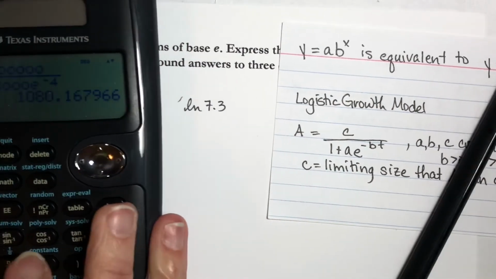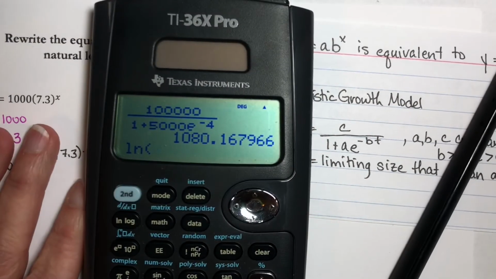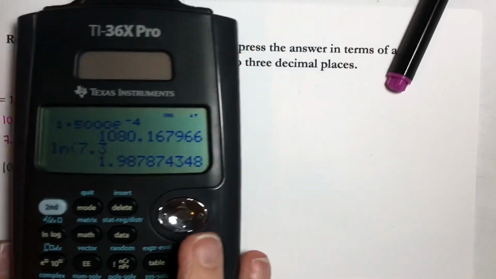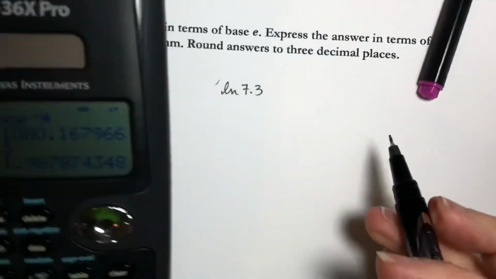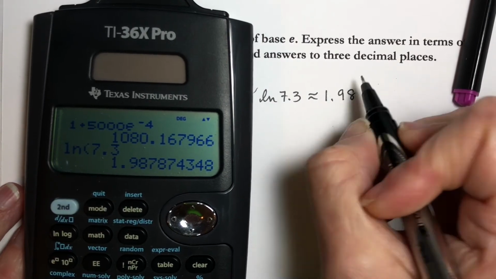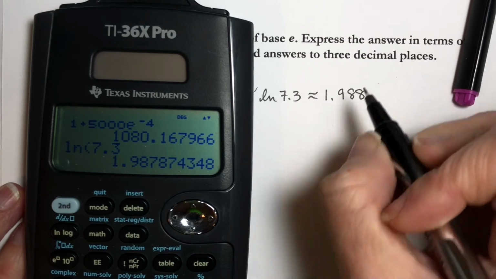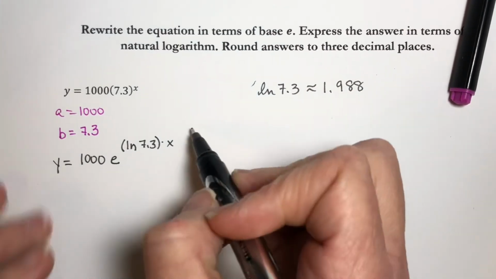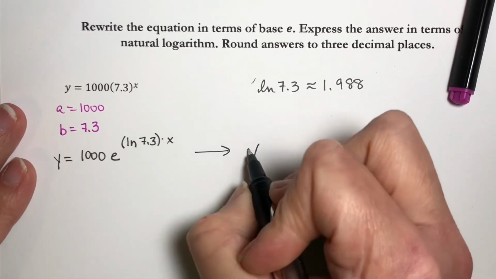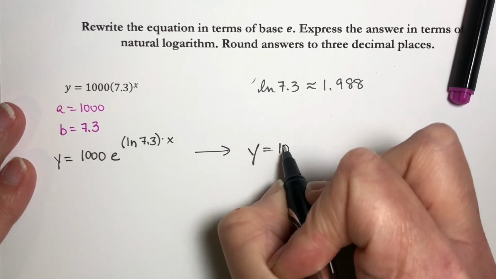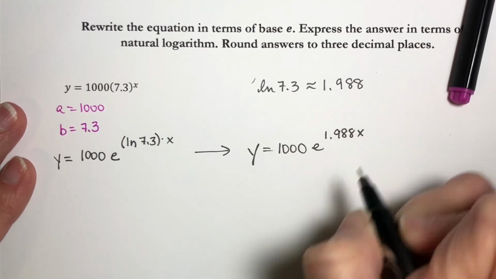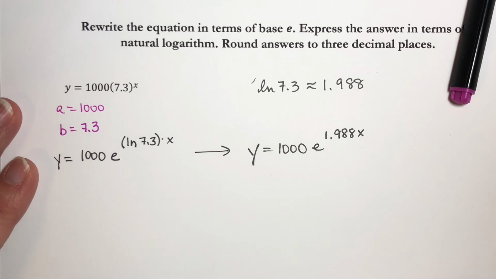So let's find that. Natural log of 7.3 is 1.98, and so on. I'm going to round this to 3 decimal places, so that would be approximately 1.988. Then they're going to ask you to rewrite it using this value instead of this. So you have y is equal to 1,000 e to the 1.988x. That's it.